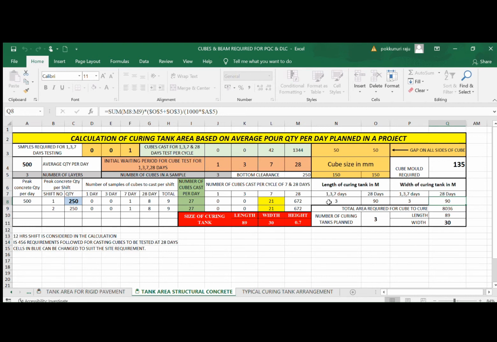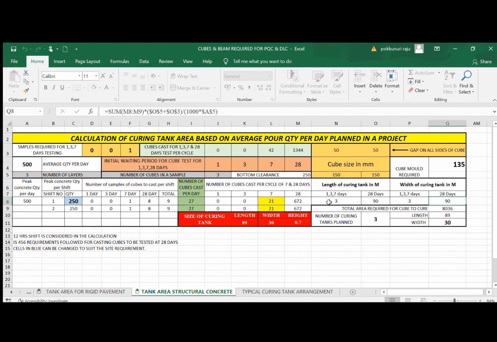So it can be 10 meters, it can be 20 meters, it can be 30 meters. In this example, we have taken 30 meters. So the 8036 square meters area is divided into 3 number of tanks with a dimension of 30 on one dimension, then the length will be 89 meters. So if you see the size of the curing tank, it will be 89 meters by 30 meters, 3 numbers of such tanks.